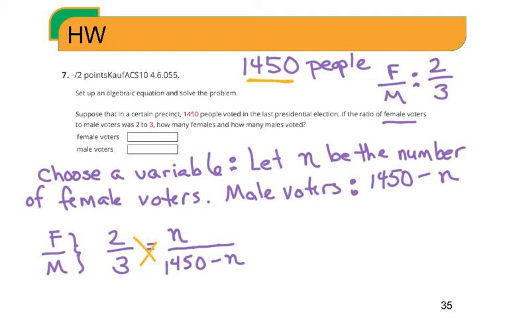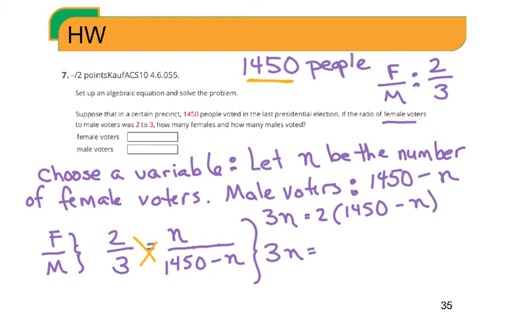So what do we get this time? 3n equals 2 times 1450 minus n, or 3n equals, what is that? 2,900 minus 2n. So we're just solving for n now.